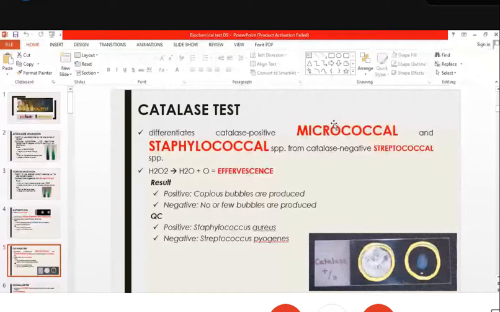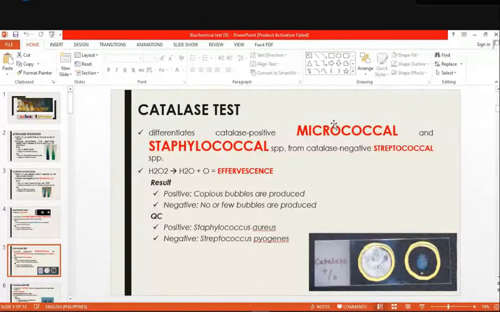We'll just see whether the presence of the enzyme catalase in the organism para makita natin na mabe-breakdown ng ating H2O2 to water and oxygen, and that oxygen is the bubbling, or what we usually say, the more specific is effervescence or copious bubbling, yung mga ganun na results sa ating catalase test.